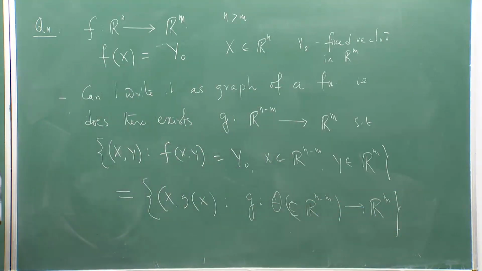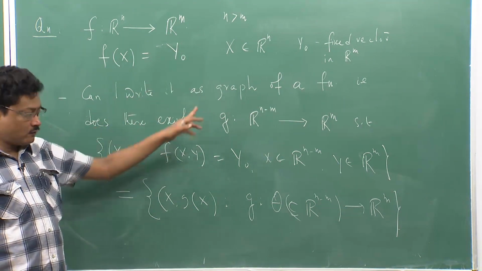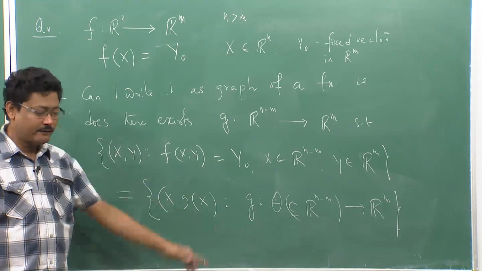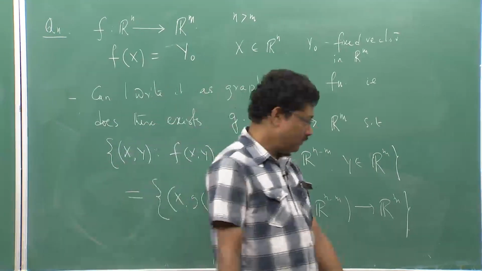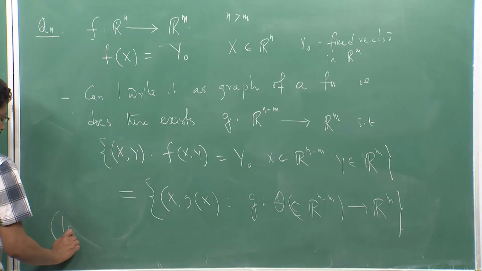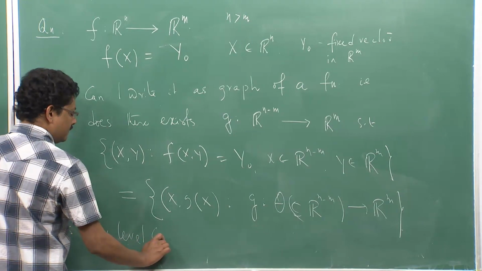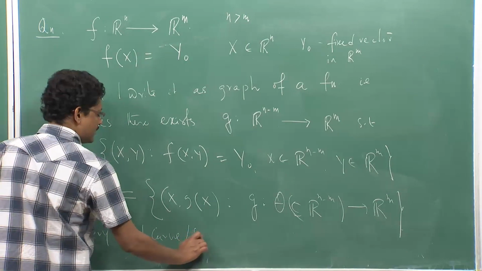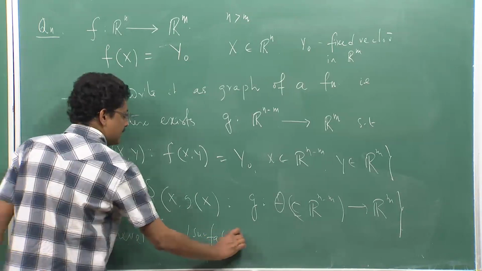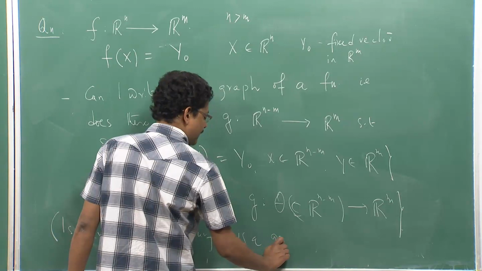So, this is the question written in full generality. So, in particular for R2 to R, I ask the question, does there exist a function of one variable such that this is the graph of a function. So, the question formulated in layman's terms is: is every level curve or surface a graph?